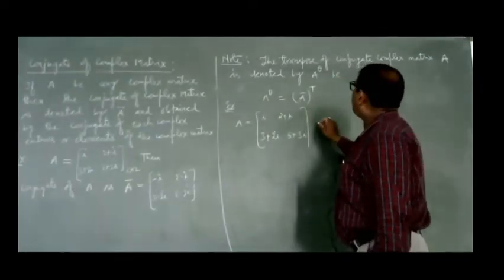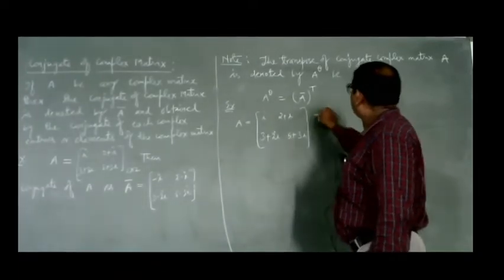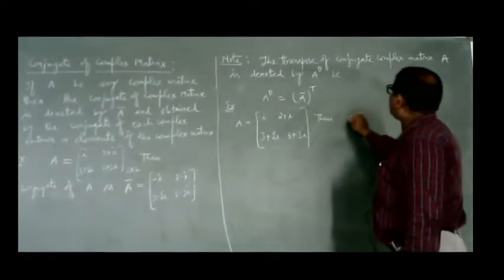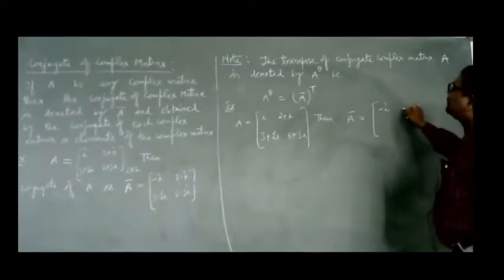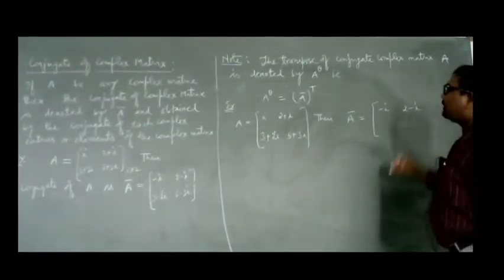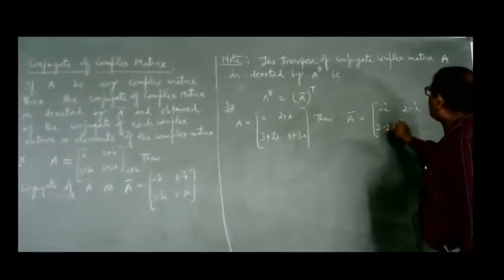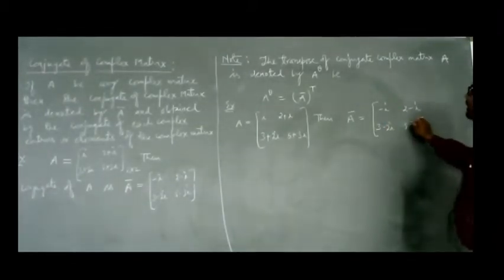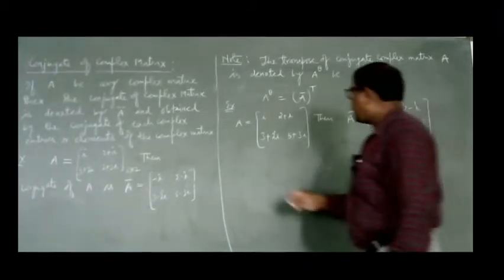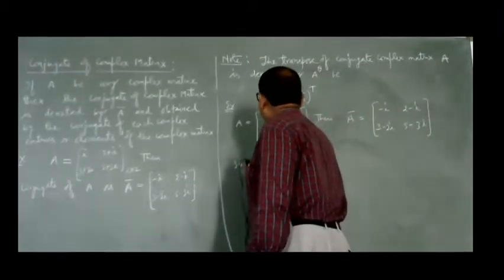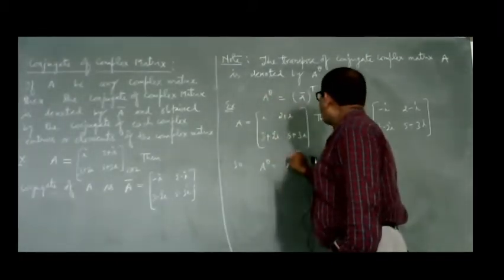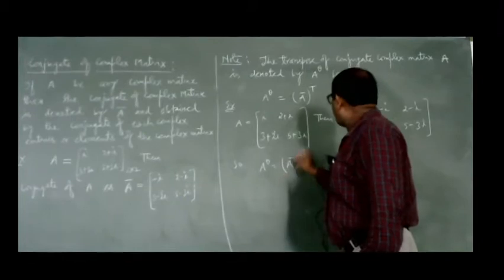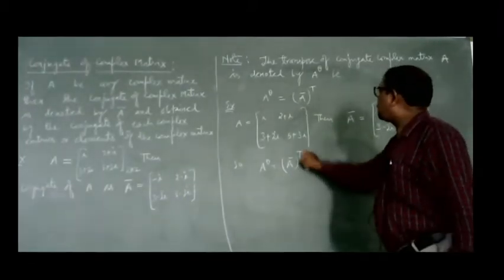You find that A bar is minus i, 2 minus i, 3 minus 2i, 5 minus 3i, and transpose of this. So A theta is equal to the transpose of the conjugate of A.